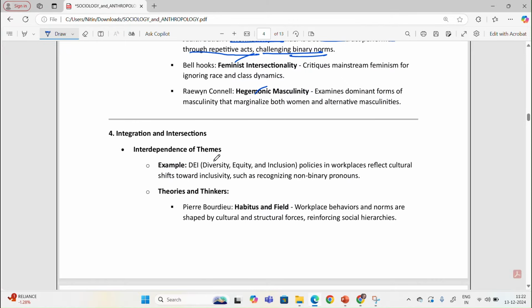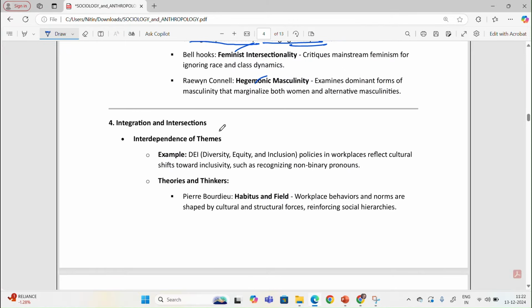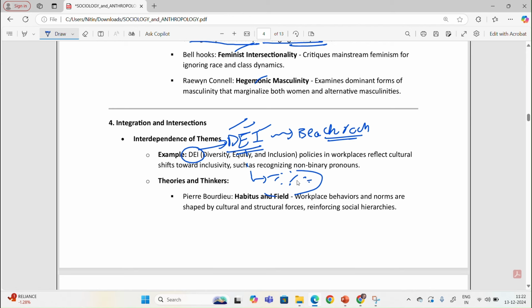Then we come to interdependence of themes, sorry. So these are integration, intersection. So for example, recently you must have heard about this term DEI. I don't feel it should be a focus, but what DEI is: diversity, equity and inclusion. It was started by BlackRock for all its companies where it was an investor, and it basically focuses on having people from different backgrounds and different voices in the company.